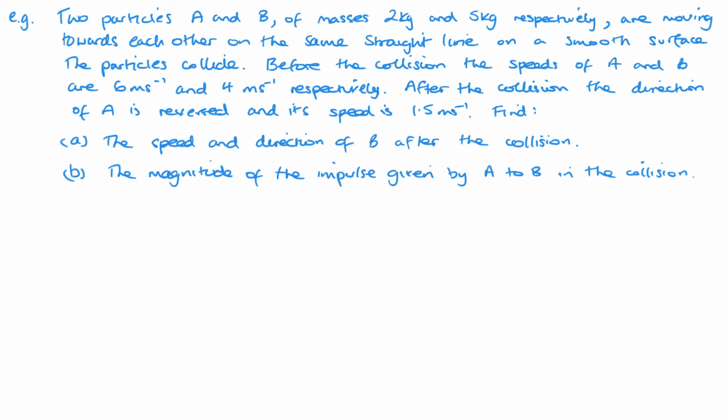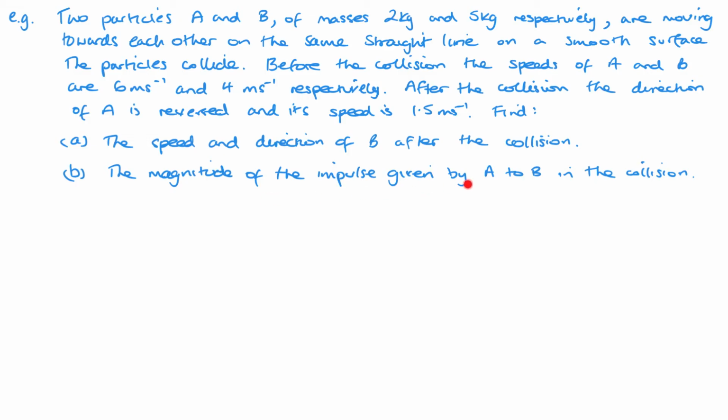Before the collision, the speeds are 6 and 4 meters per second. Afterwards, A is going in the opposite direction at 1.5 meters per second. So we need to find the speed and direction of B after its collision, and then the magnitude of the impulse given by A to B in the collision.